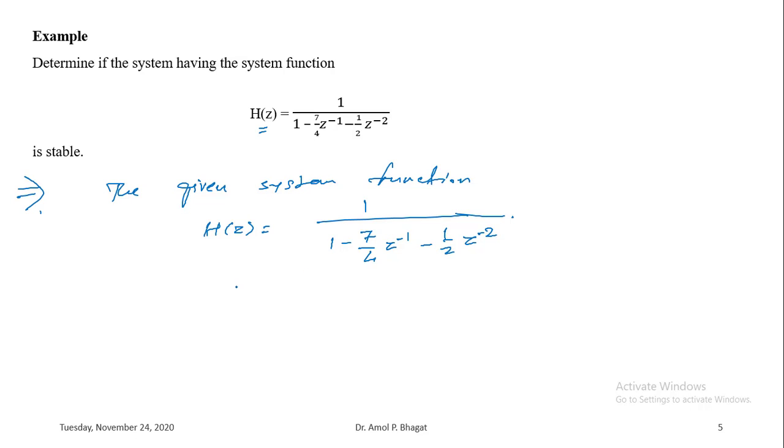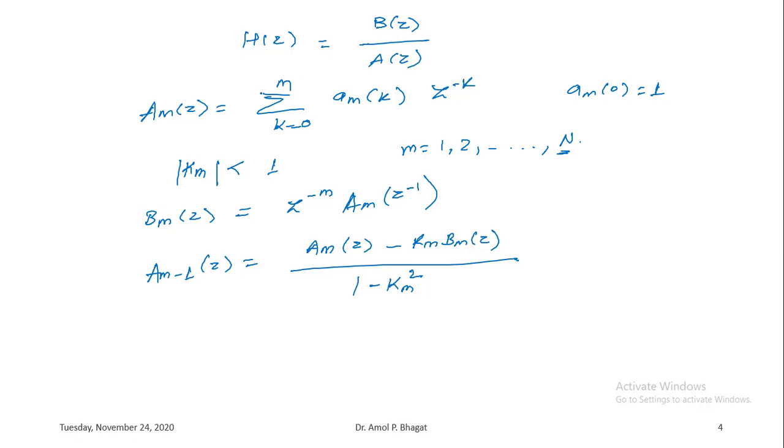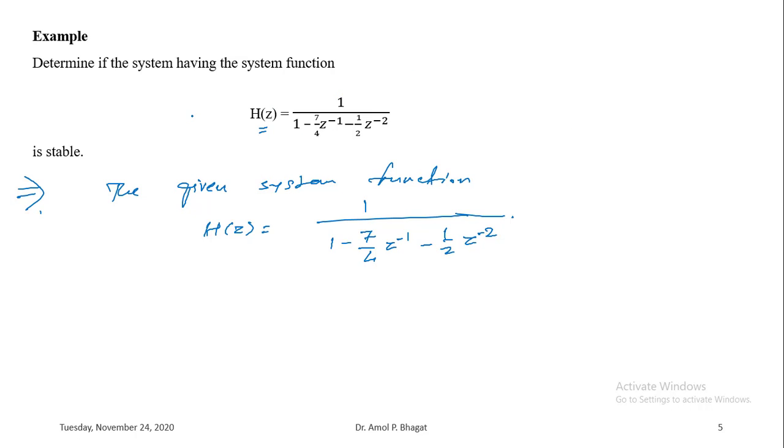Before writing the reflection coefficient, we will write down the denominator polynomial as Am of z. As the denominator polynomial has degree 2, it is a second order polynomial, so instead of Am of z, we'll write it as A2 of z.